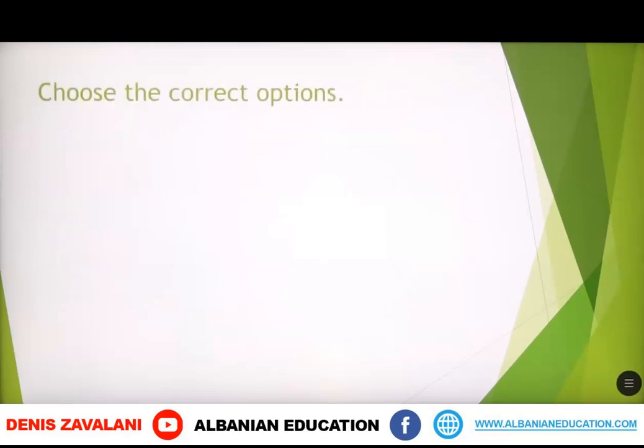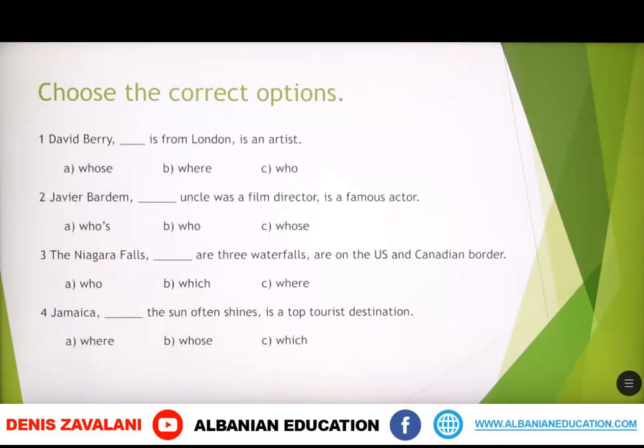Now you have to choose the correct option. So we've got some sentences here which require a non-defining relative clause. You have to choose between whose, where, and who, or which. The relative clause that is appropriate for each gap, you have to circle it.